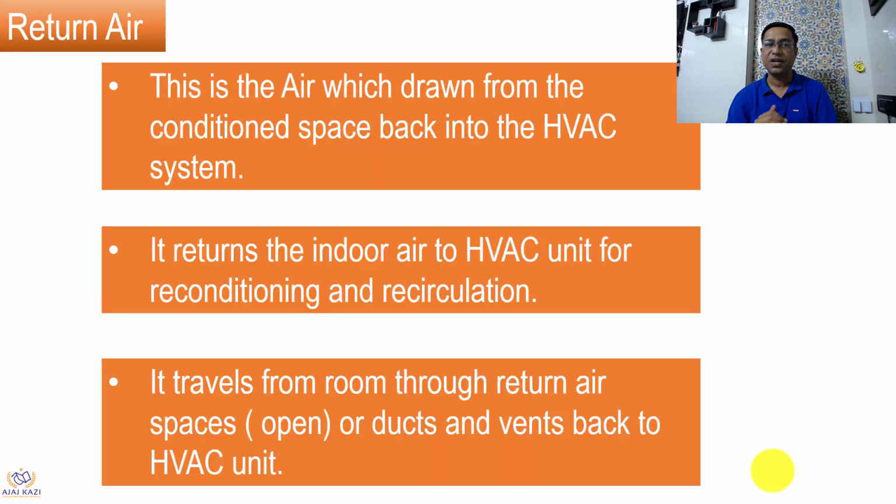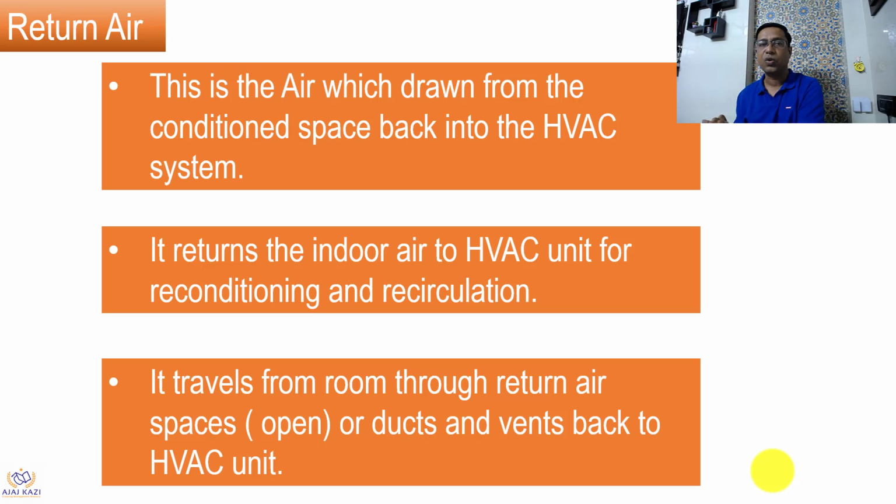The next is return air. This is the air which is drawn from the space where we are doing the conditioning, back into the HVAC unit. After supplying, we remove that air, circulate it through the HVAC system again, and it is supplied back. So that air which is drawn from the space is called return air.